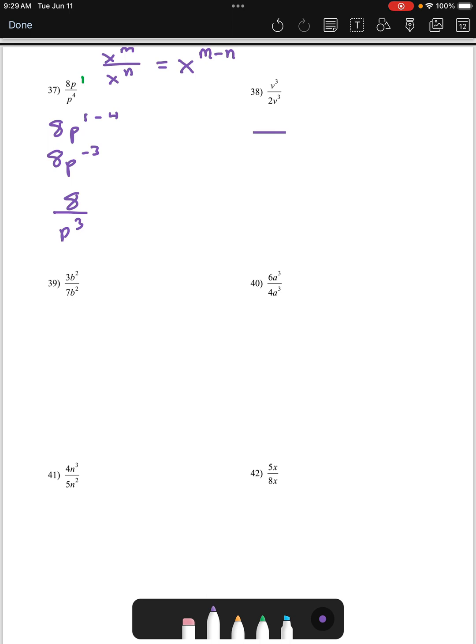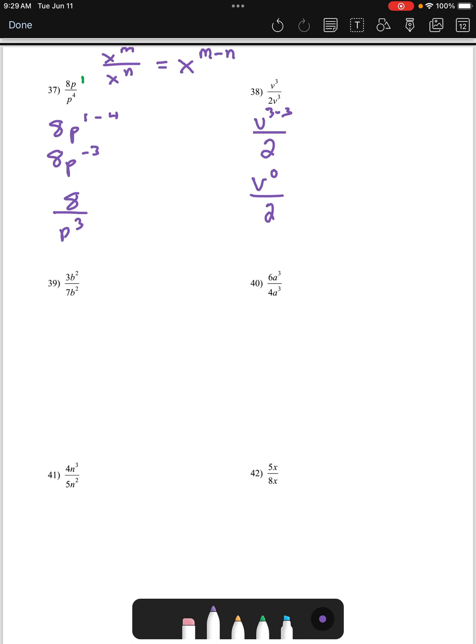In number 38, when we look at the fraction, in the numerator, we can combine the v's by doing v to the 3 minus 3. The 2, which is in the denominator, doesn't have any other numbers to work with. Every other number here is an exponent. So it's just going to be there.